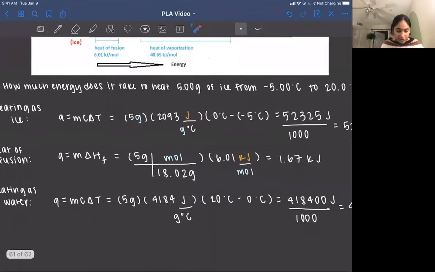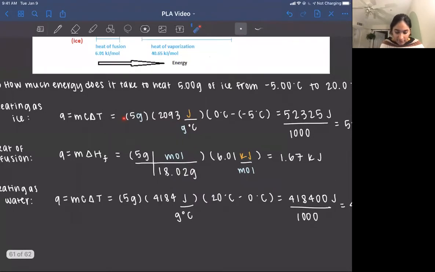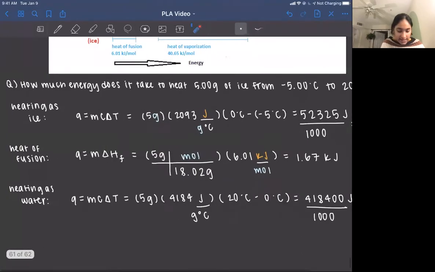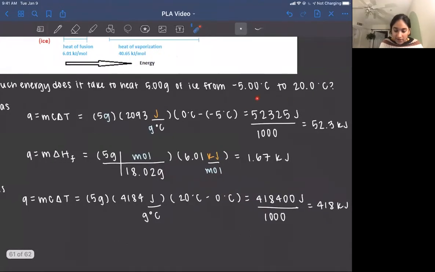So when we plug in the numbers, the specific heat of ice is 2093 joules per gram times Celsius, and we plug in our 5 grams, and the heating as ice only occurs between -5 degrees Celsius and 0 degrees Celsius. So the final temp is 0 and the initial temp is -5. Okay, so this gives us a value in joules. And that's something that we have to note for later on.